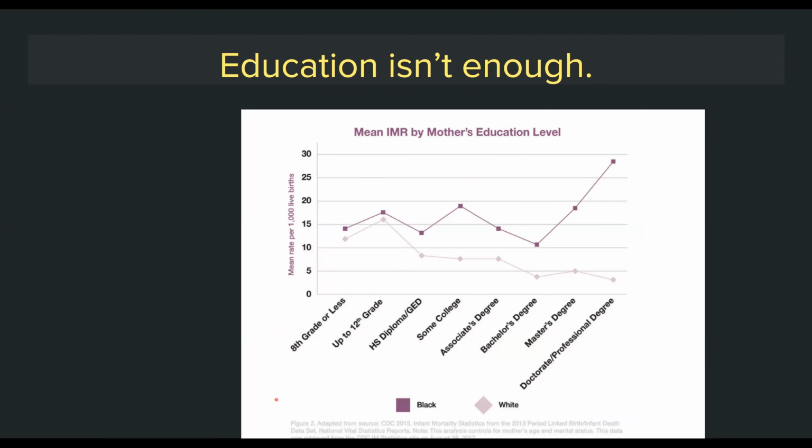Furthermore, when we look at even higher levels of education, we see something really striking. So not only does the Black-white disparity for infant mortality exist at all education levels, so there is a difference at every single level. The darker purple is the Black mothers and the Black infants, and the lighter purple are the white infants.